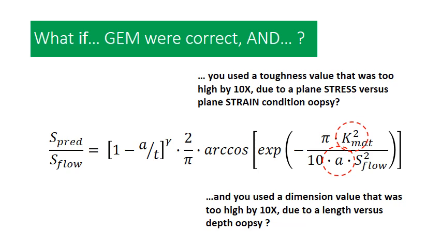But hypothetically, let's say that you also had a bit of an oopsie in that dimension, and you were using a dimension value that was too high by 10 times due to a length versus depth oopsie. So let's say that I had a crack that was, say, 3 millimeters deep by 60 millimeters long. That's about a reasonable crack dimension. Now, if you're supposed to put in the number 3 millimeters into that location in the math, but you accidentally put in a half crack length of 30 millimeters into that location of the math, you'd be off by 10 times.